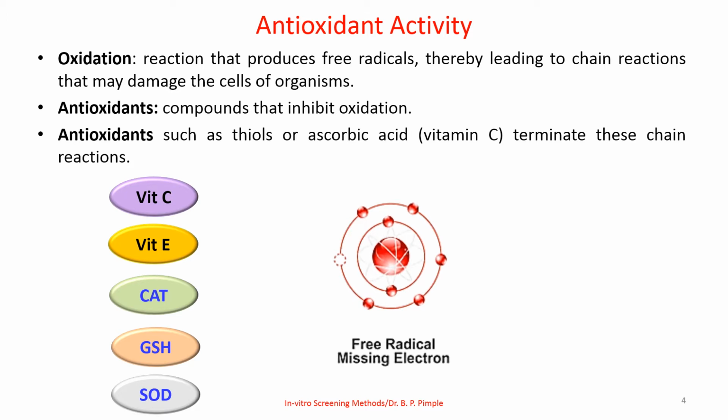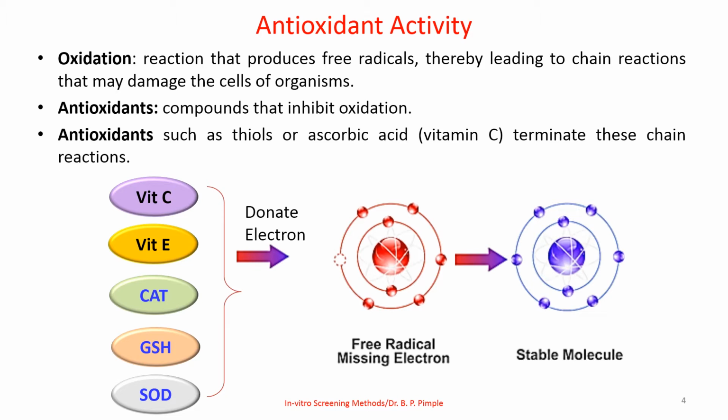Now how do these act? They donate an electron to the free radical. This electron now stabilizes the free radical. This is the overall mechanism of how free radicals can be converted into a stable molecule and later be kicked out of the body.